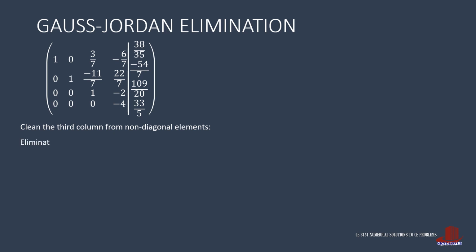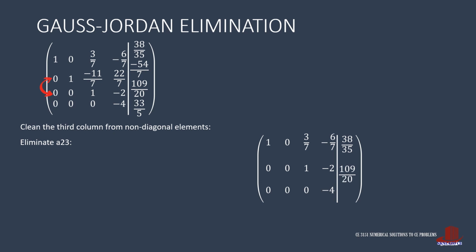First, we take out element 2, 3 with 11 over 7 of the third row plus the second row as the new row 2. First element has 11 over 7 of 0 plus 0 to give 0. Next is 11 over 7 times 0 plus 1 to have 1.